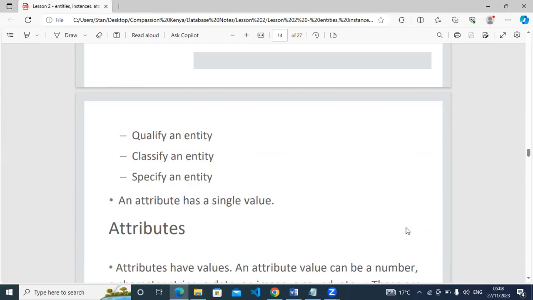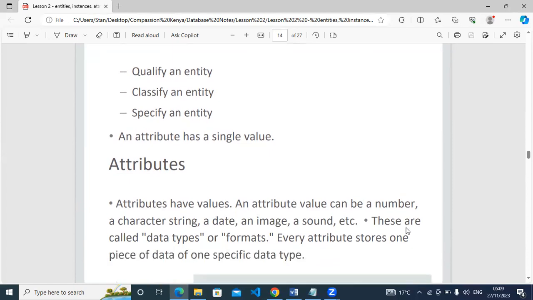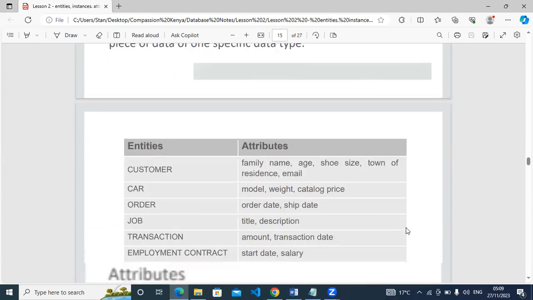Attributes have single values. So we can have attributes taking numbers, characters, strings, dates, images, or sounds.